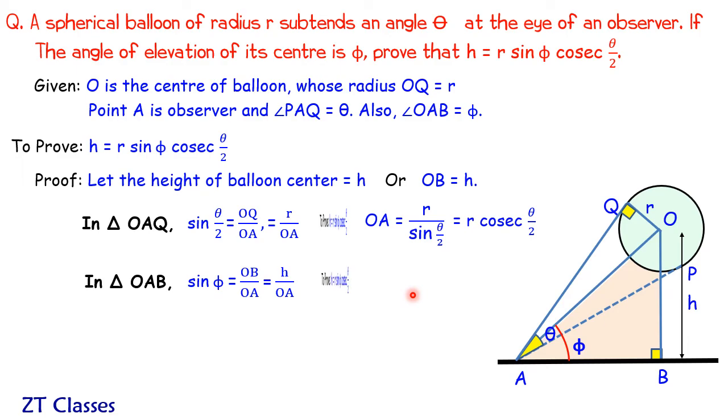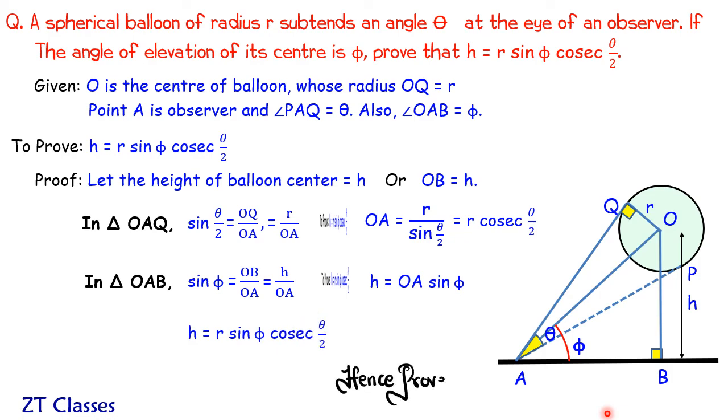So what is the value of h? h is equal to OA times sine phi, and this value of OA we can put from here. When we put this value here, we get h as r times sine phi into cosec theta by 2, and this is what we had to prove, and hence proved.